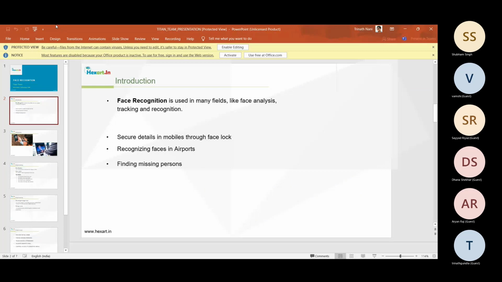It is also used to secure personal details inside the mobile by face lock, and it is also used to recognize faces in airports. It is useful to find missing persons, like missing children, in the streets.